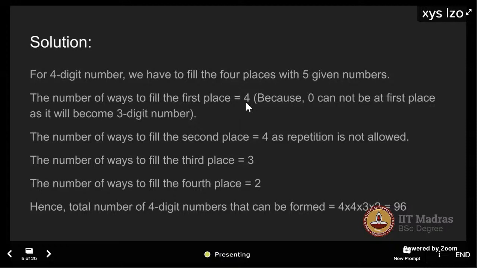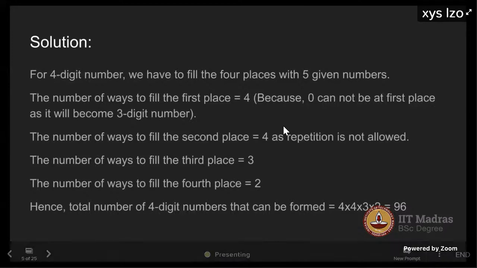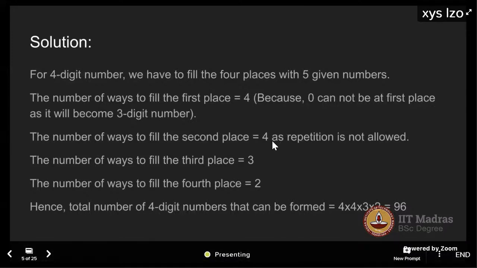So I have 4 ways to fill that place. Similarly, for the second, I have already used one number in the first place, but here 0 can also be one of the possibilities. So again, I have 4 ways. Similarly, for the third and fourth place, I have 3 and 2 ways respectively. And multiplying all of them, I got 96, which is the correct answer.